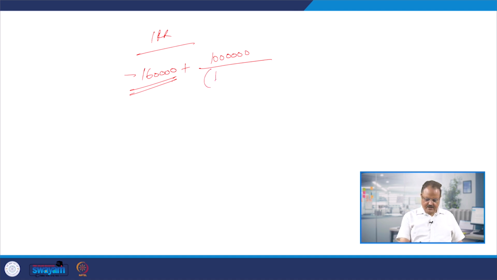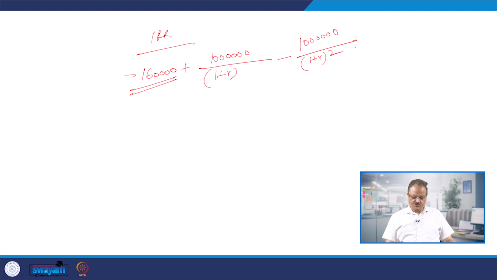Plus we have 10 lakh rupees of cash inflow at the end of the first year, so we discount it: 10 lakhs divided by 1 plus R. The next part is again a cash outflow of 10 lakh rupees, and now you have to discount it at 1 plus R power 2, to make the NPV of the project 0.